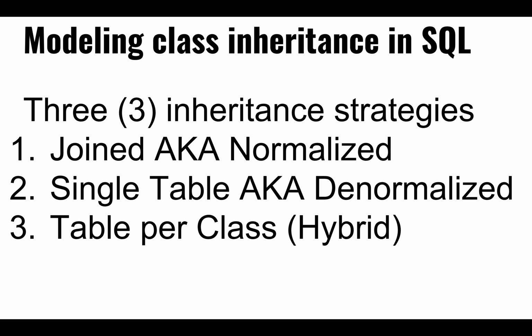This one tries to reconcile the pros and the cons of both and have the best of both worlds, okay. None of them is a perfect solution, right? None of them is a perfect solution to what inheritance actually is in an object-oriented programming language. But nevertheless, it's 3 strategies that work well.